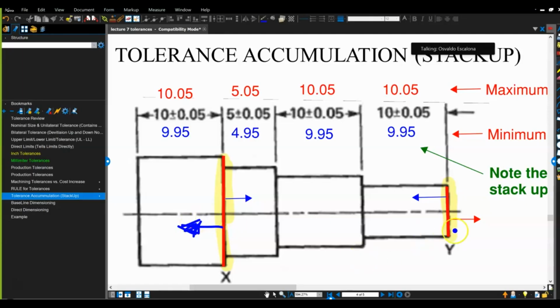How would I do that? Well, if I want to find the maximum it could be from X to Y, I have to open it up. How do I open it up? By grabbing the biggest of this, the biggest of this, and the biggest of this, accumulating the biggest. And if I want the opposite, the smallest it can be, I go the other way.